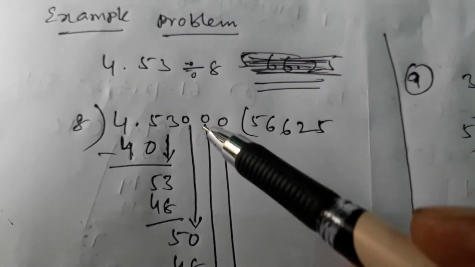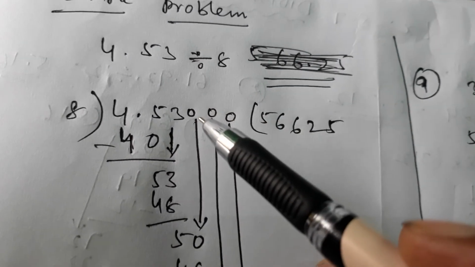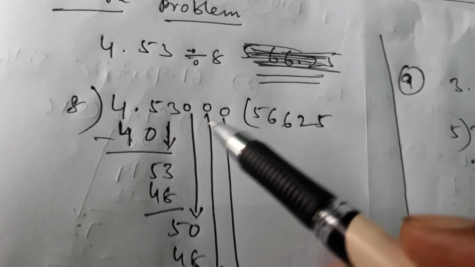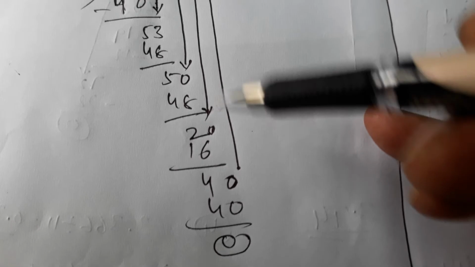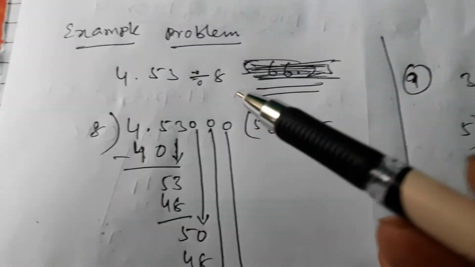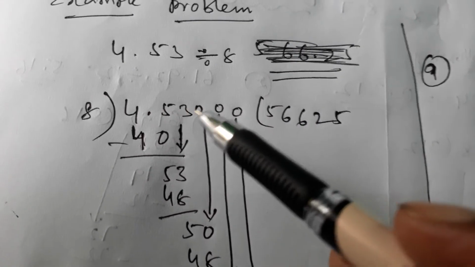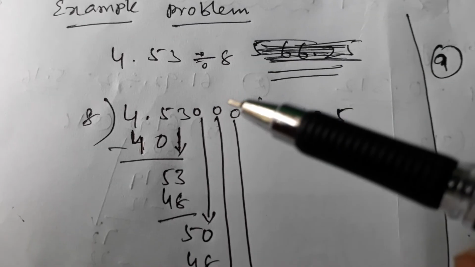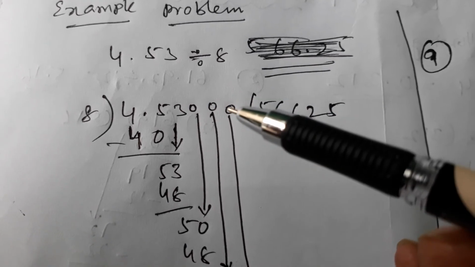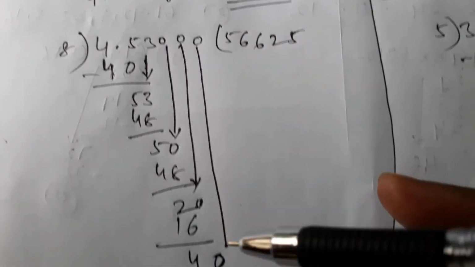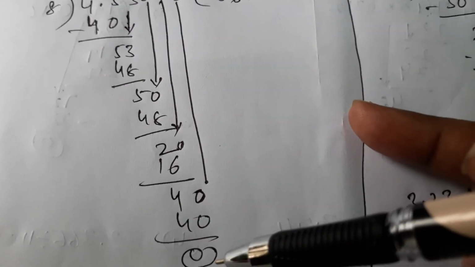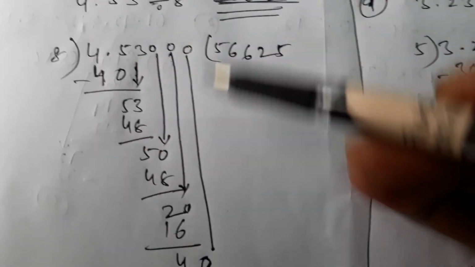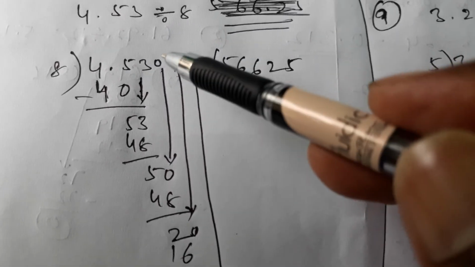How many excess zeros did you take after the decimal? 3 zeros you took. That means at the end of the decimals you can take as many zeros as required. So finally you got the answer, and the remainder is 0. Until you get remainder 0, you go on taking zeros.